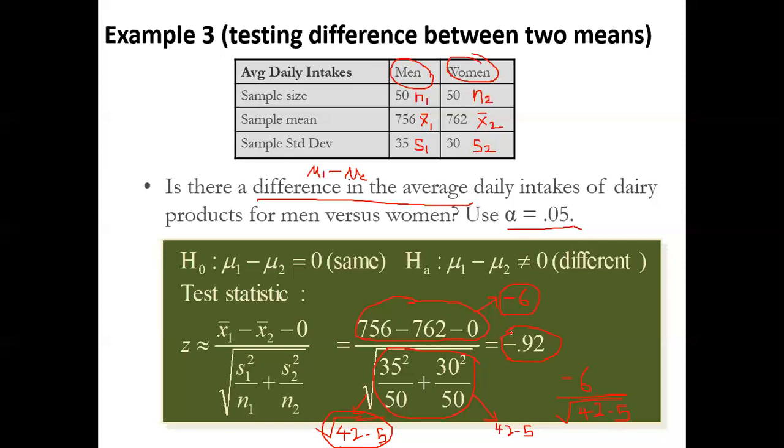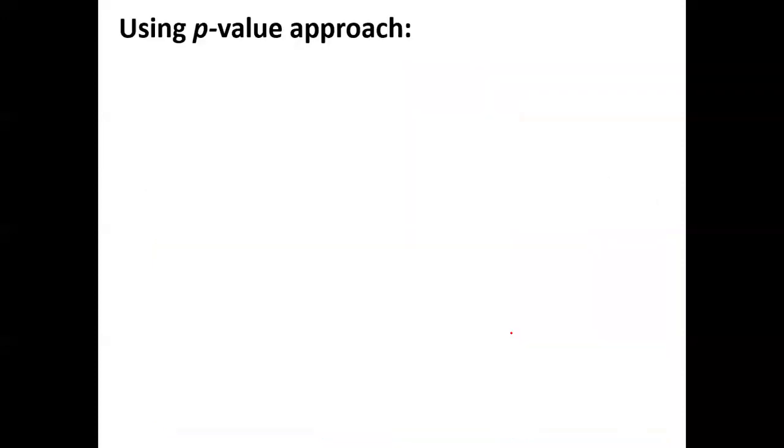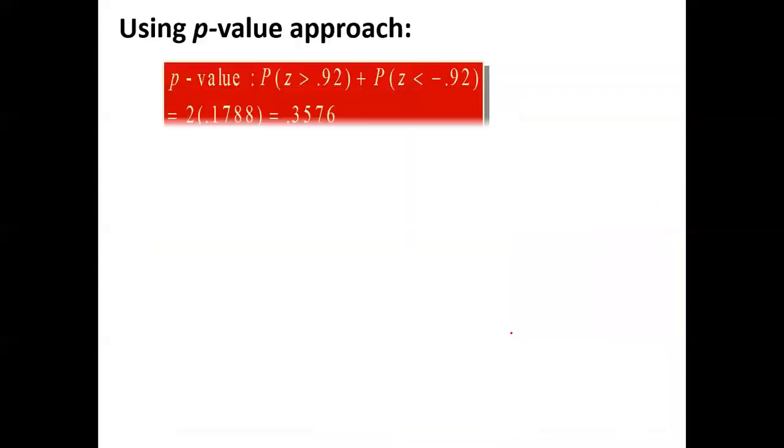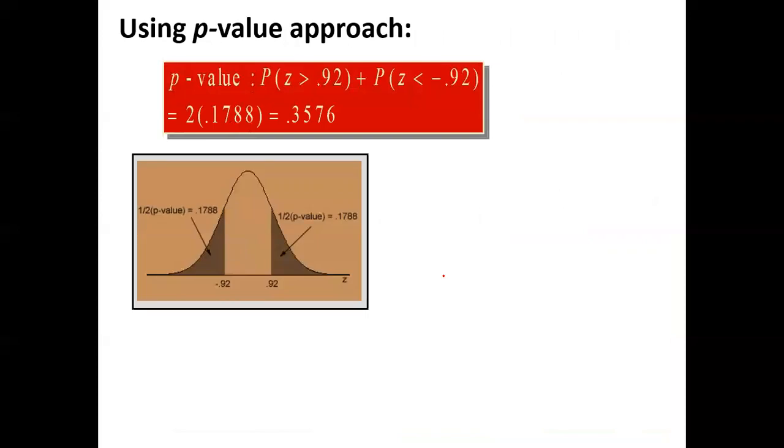Okay, so this is not the end. As usual, we need to find the rejection region. Using the p-value approach, P(Z greater than 0.92) plus P(Z less than negative 0.92).